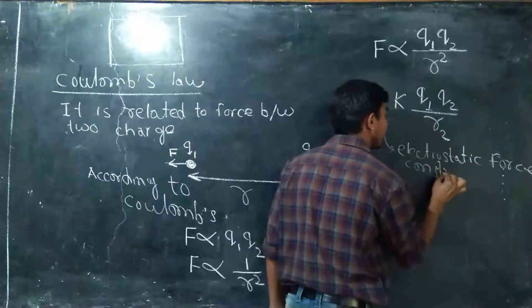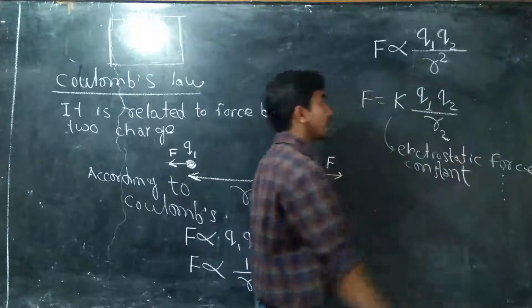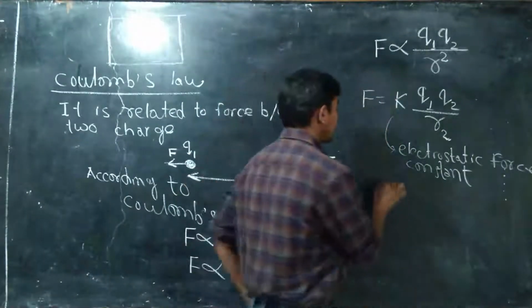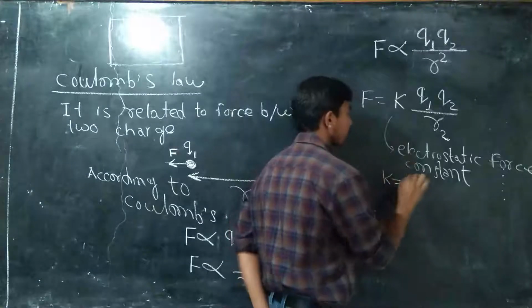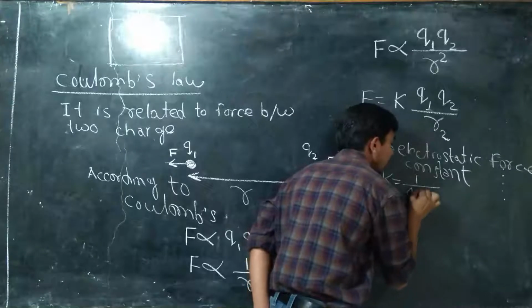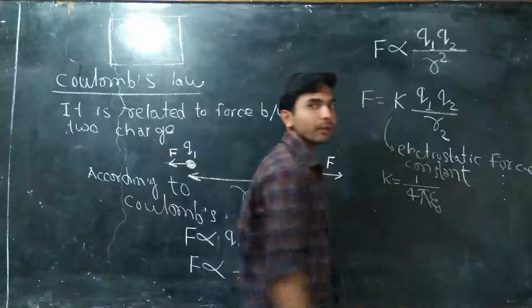And this K is basically equal to 1 by 4 pi epsilon 0.